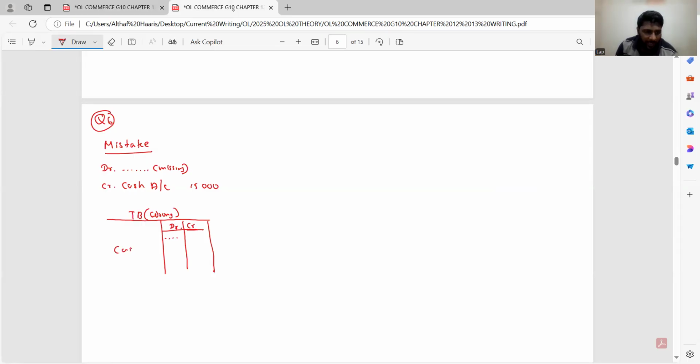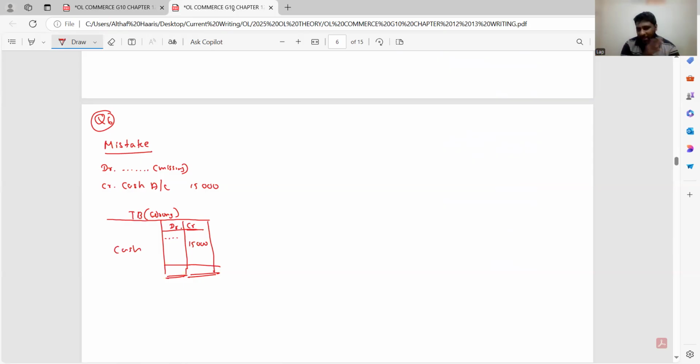Credit side, you have the cash, which is 15,000. Now, if you balance this trial balance, for learning purposes, just draw it. For the time being, listen. After that, when you're writing, write everything.